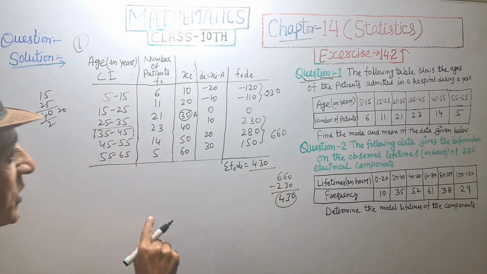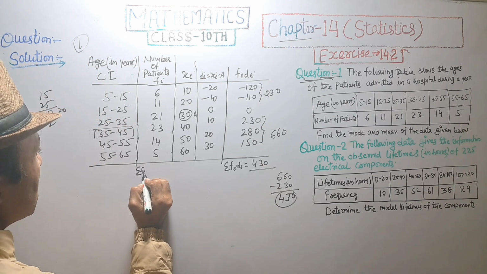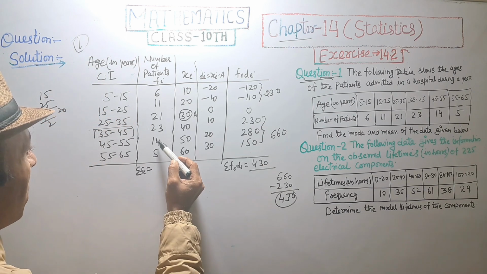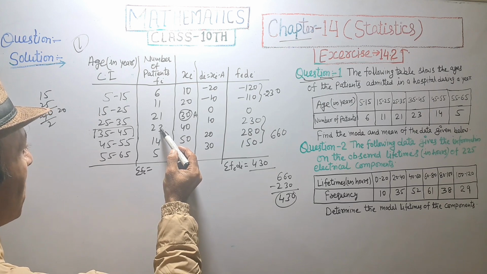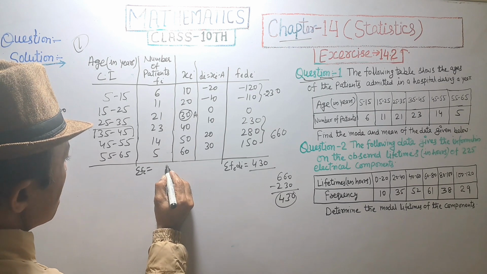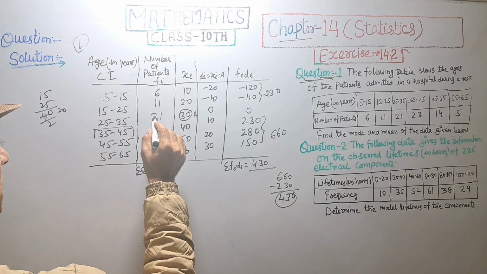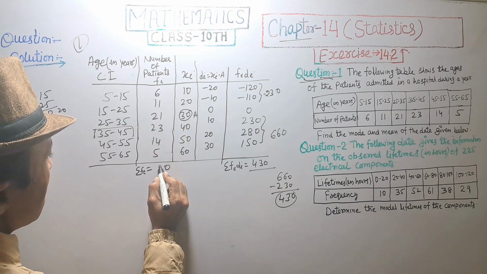And the sum of frequency, summation Fi, is equal to 6 plus 11 plus 21 plus 23 plus 14 plus 5, that is 80.